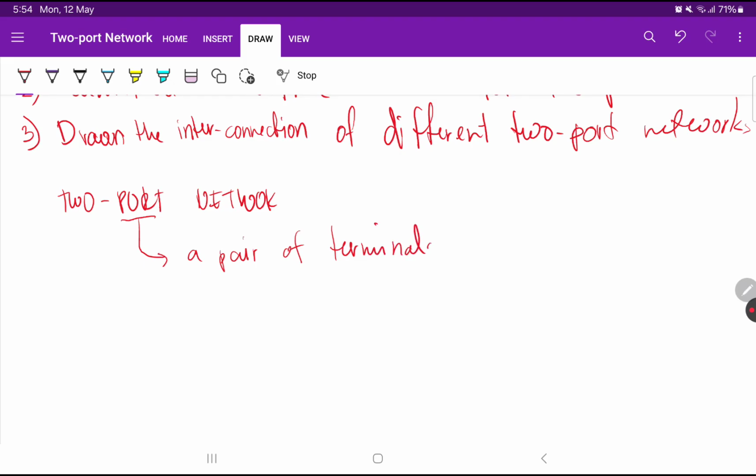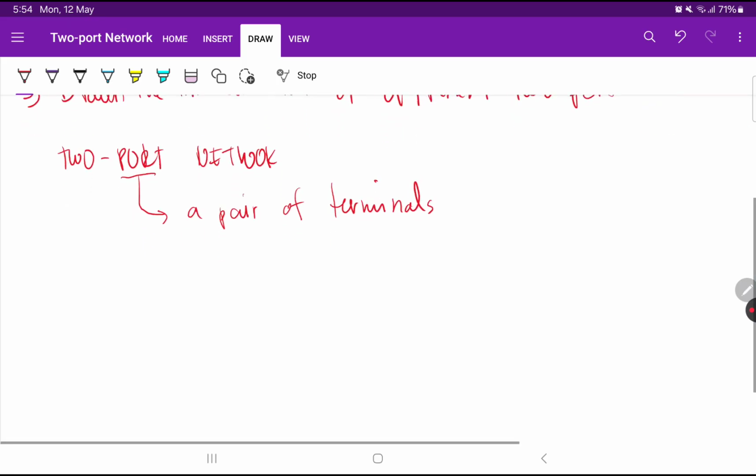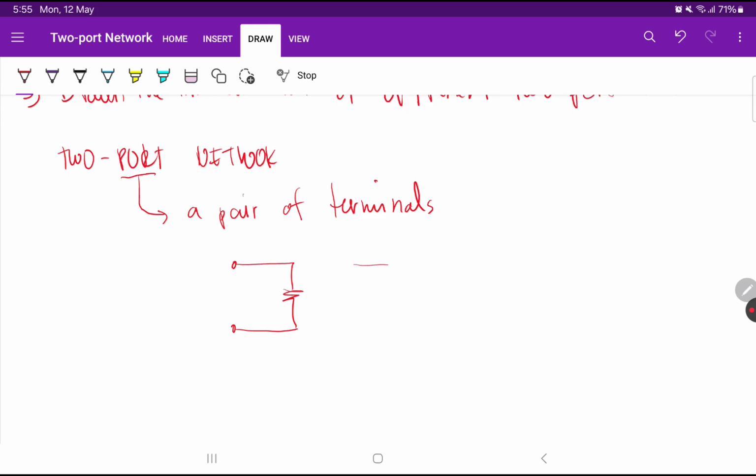So when we say a two-port network, it has two pairs of terminals. A single resistor, a single capacitor, and a single inductor can be considered single-port networks because they only have one pair of terminals.